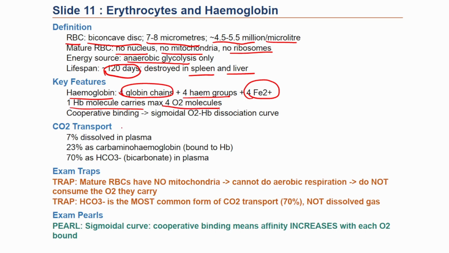The structural layout of hemoglobin enforces cooperative binding, which directly gives rise to the classic sigmoidal oxygen-hemoglobin dissociation curve. Our slide also breaks down carbon dioxide transport into 3 explicit pools: 7% dissolved in plasma, 23% bound to hemoglobin as carbaminohemoglobin, and 70% converted into bicarbonate in plasma.